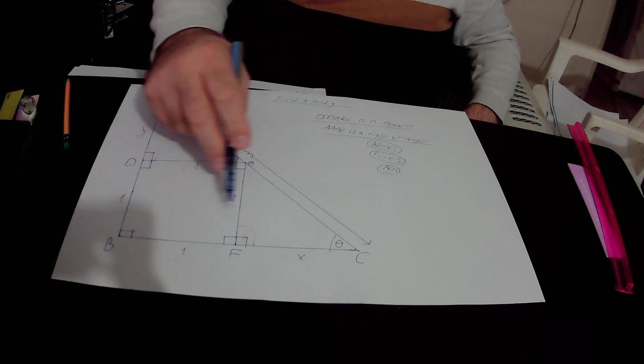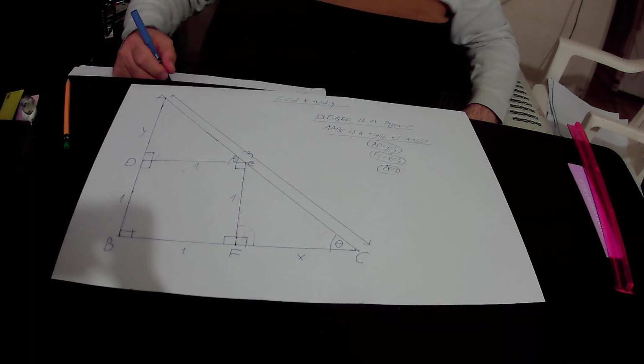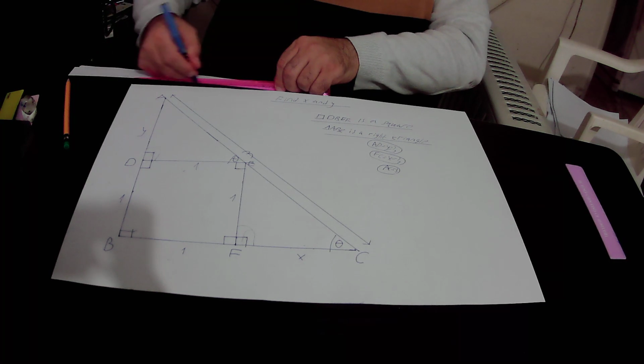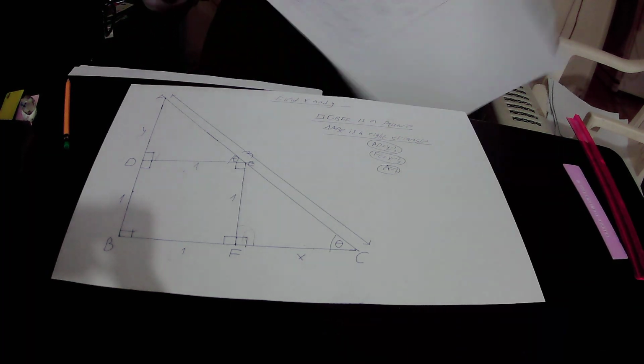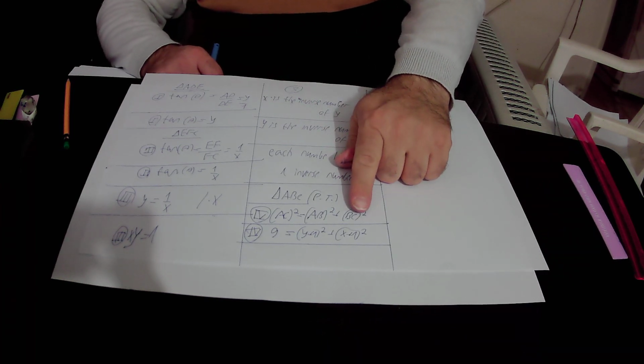BC equals X plus 1. Therefore, BC squared will be equal to X plus 1 squared. In conclusion, we found out that according to equation number 4, 9 equals Y plus 1 squared plus X plus 1 squared.